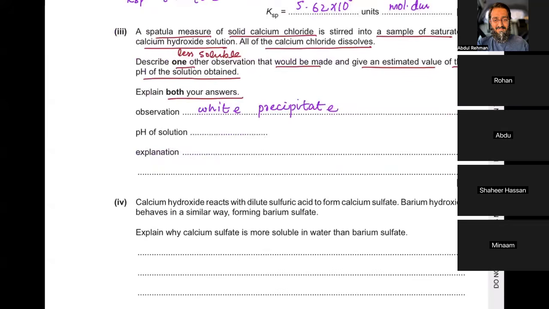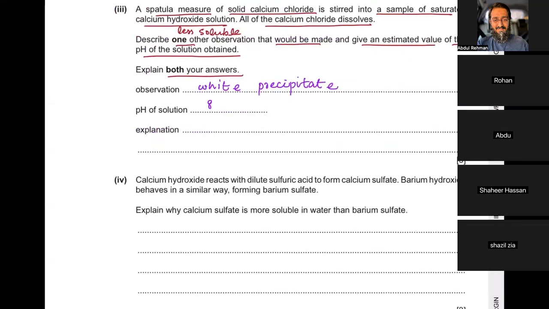The explanation: the calcium ion causes the common ion effect, because calcium hydroxide is already there and you are adding calcium ion to it, right? Hence, calcium hydroxide is precipitated out.